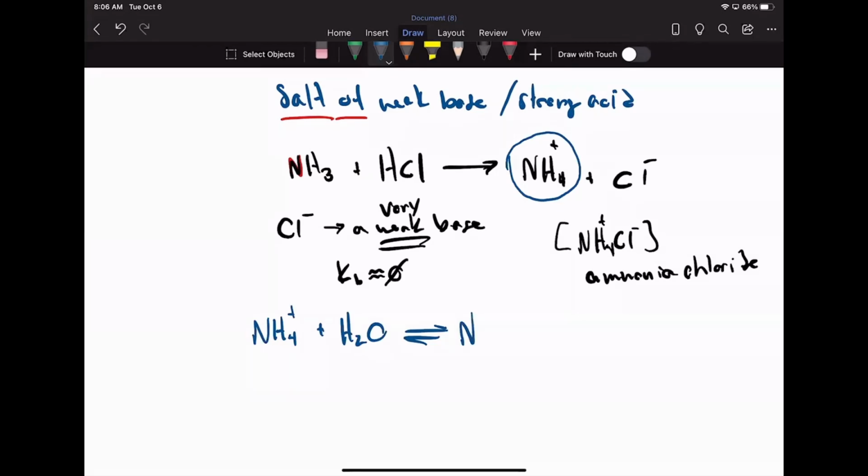So we have NH3 plus some H3O plus. The NH4 plus is going to produce some H3O plus, and essentially this is what's going to affect our pH.